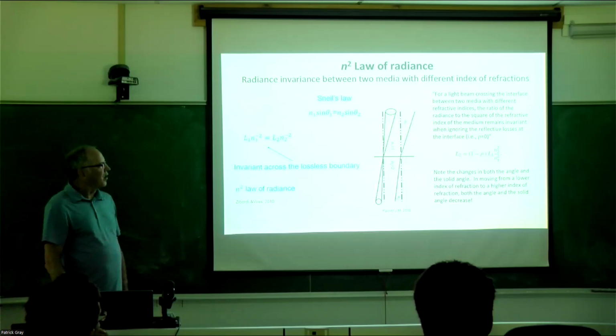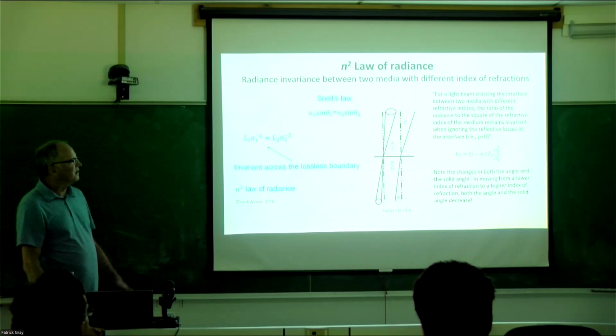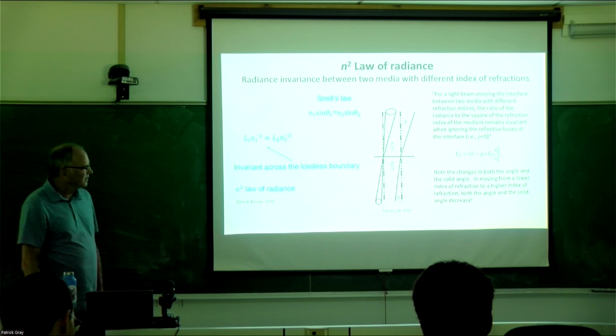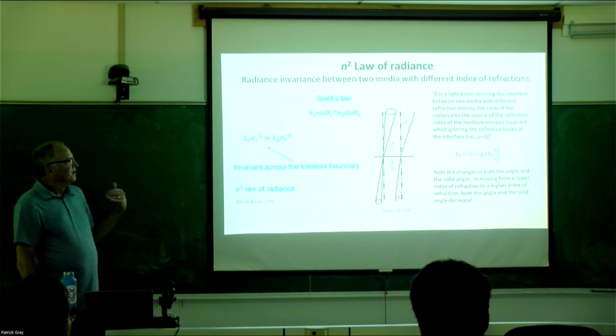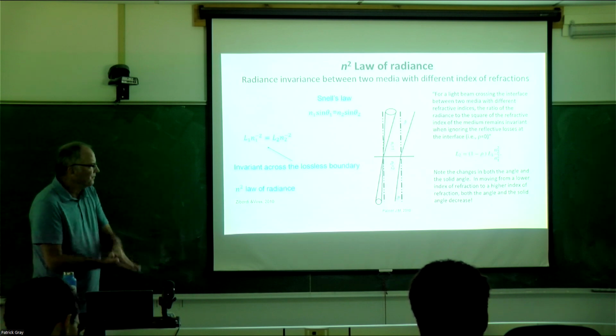It's more of a broader definition for a light beam crossing the interface between two media with two different refractive indices. The ratio of the radiance to the square of the refractive index of the medium remains invariant when ignoring any reflective losses between these two surfaces.